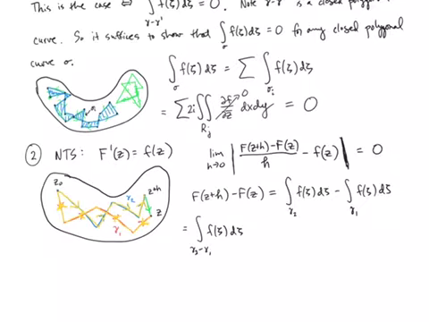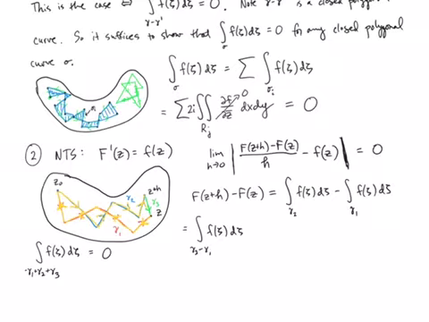So let me call that gamma 3. Right, because we argued above that the integral around any closed polygonal curve is equal to 0 in this simply connected region. So minus gamma 1 plus gamma 2 plus gamma 3, the integral of f around that is equal to 0.